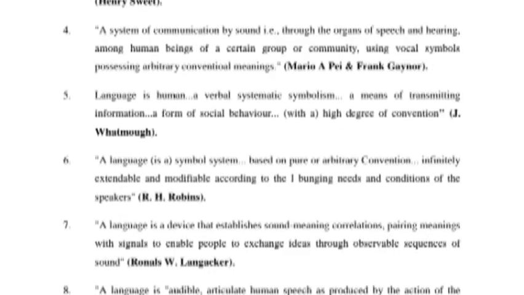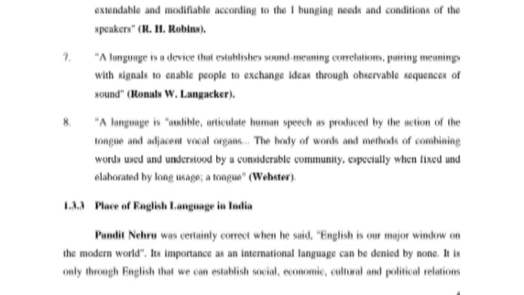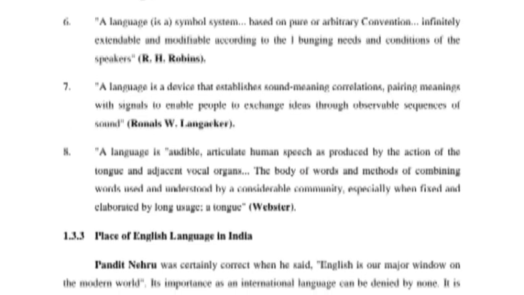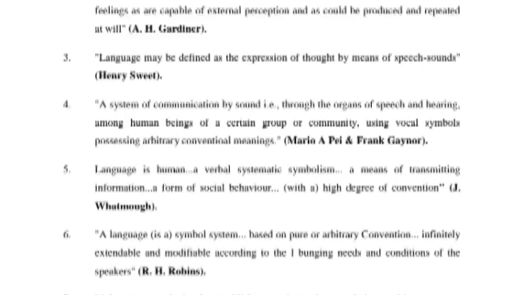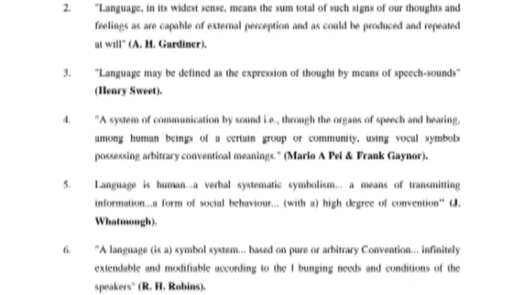1.3.2 Definitions. 1. Language is a primarily human and non-instinctive method of communicating ideas, emotions and desires by means of a system of voluntarily produced symbols. Sapir. 2. Language, in its widest sense, means the sum total of such signs of our thoughts and feelings as are capable of external perception and as could be produced and repeated.